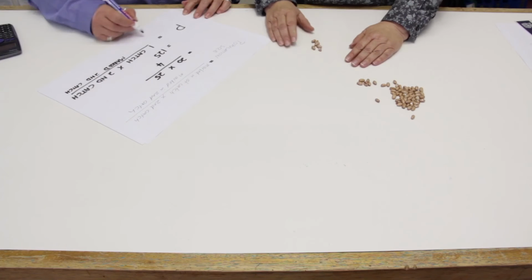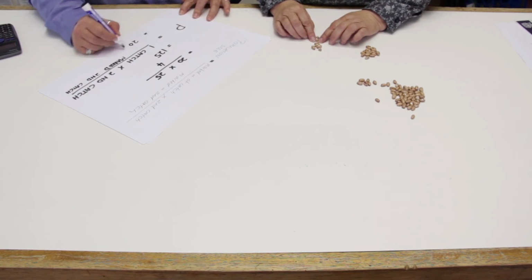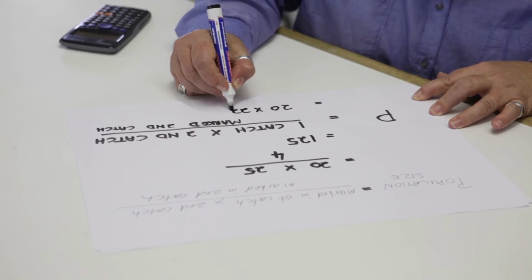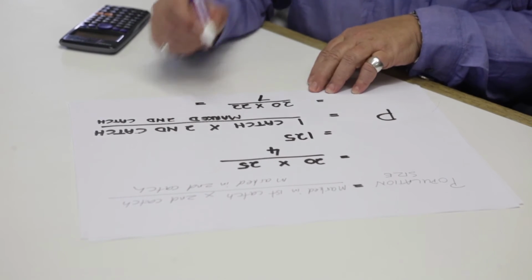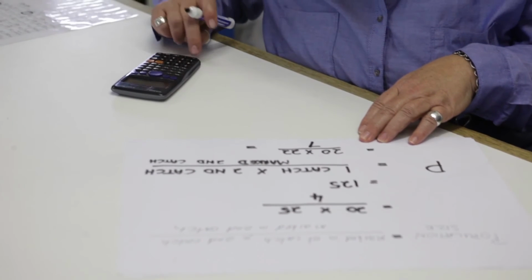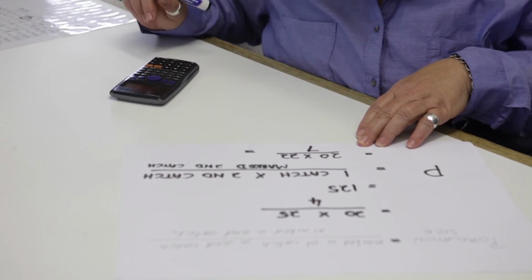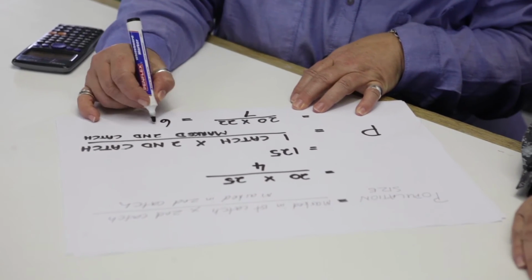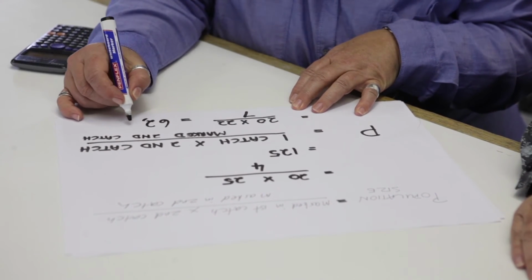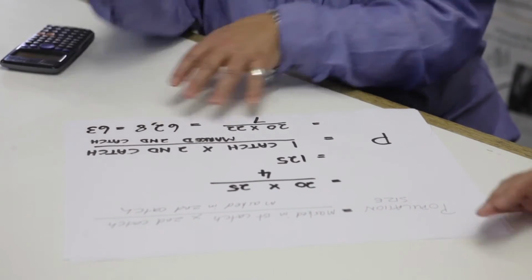Of the 22 beans that I have, it's 20 times 22. 7 are now marked. And now we get a number of 62,8, which we round off to 63.